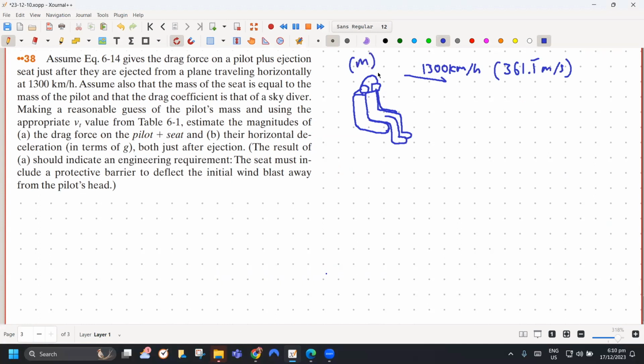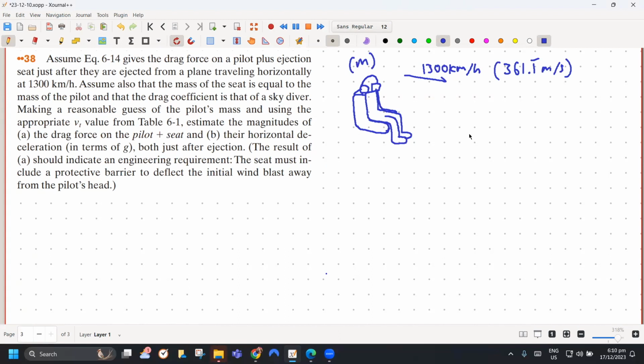Then the typical mass, let's assume 60 kilograms. That looks like a standard adult.